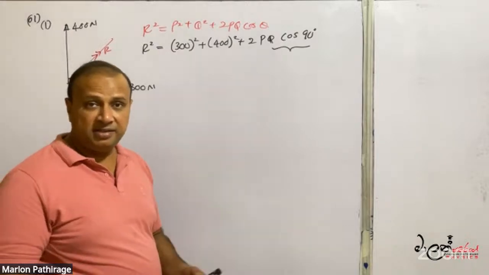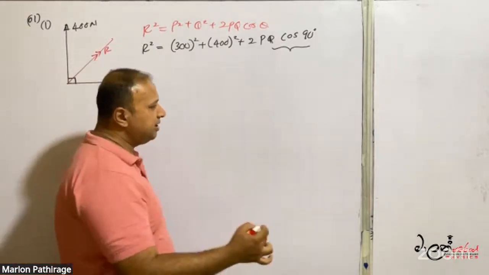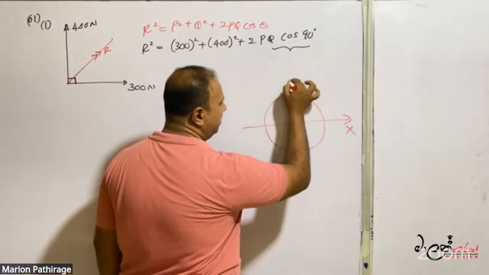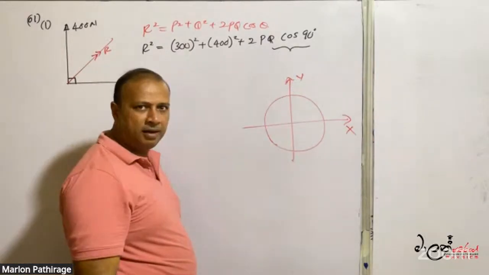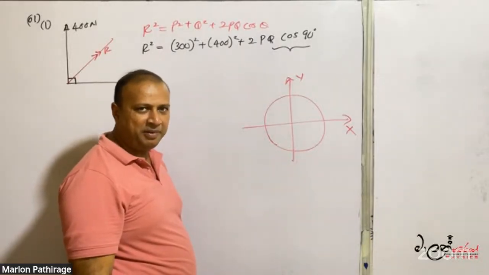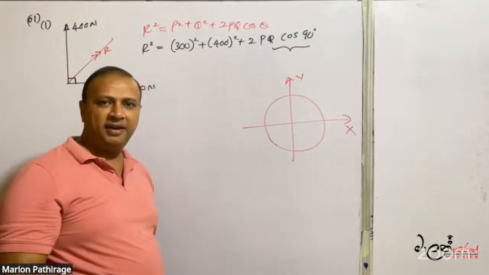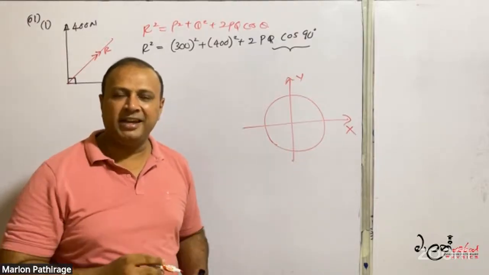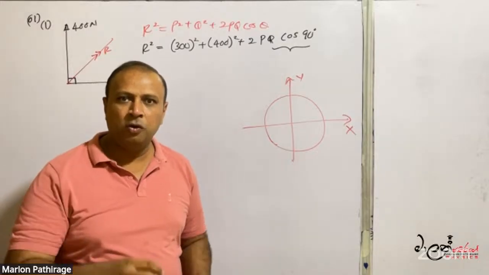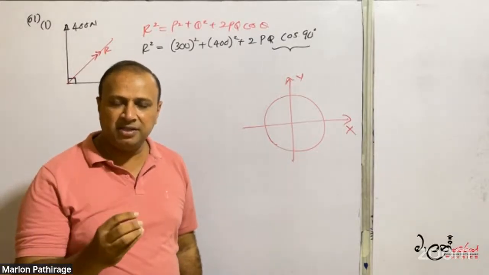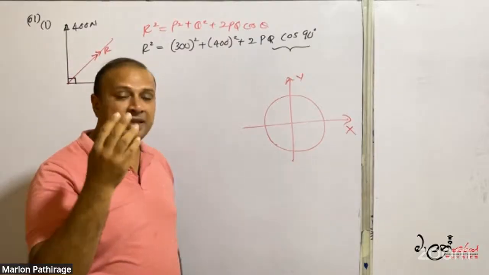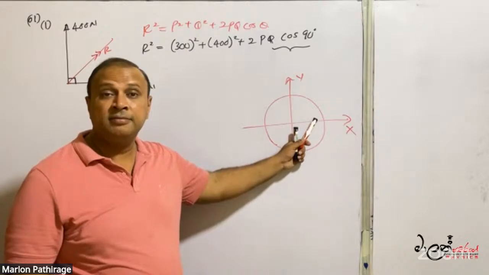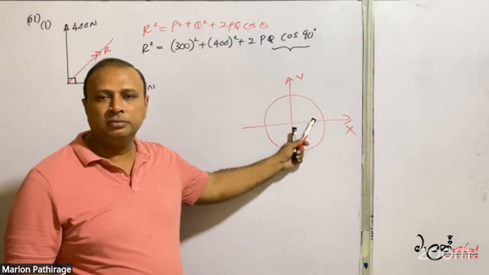Okay, cos 90 is 0. How to determine that? Unit circle. How to determine sine and cos values using the unit circle: sine values are equal to the y coordinate and cos values are equal to the x coordinate.